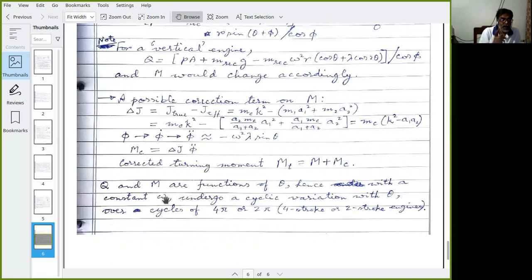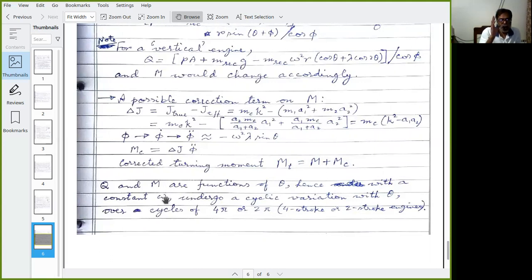Now, this cycle is not necessarily a 2 pi rotation of the crank, that is, of theta. The crank turning will be 2 pi, yes. But the cycle of the engine is the entire turning through which one thermodynamic cycle goes. So that may be 4 pi or maybe 2 pi: 4 pi if it is a four-stroke engine, 2 pi if it is a two-stroke.